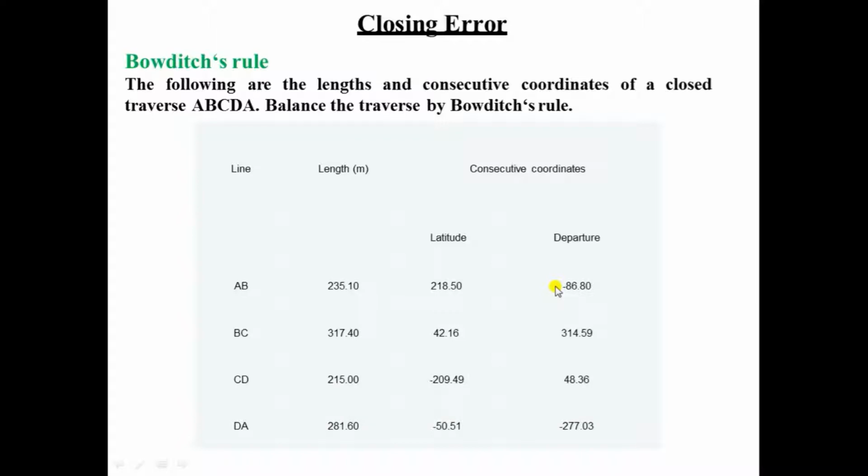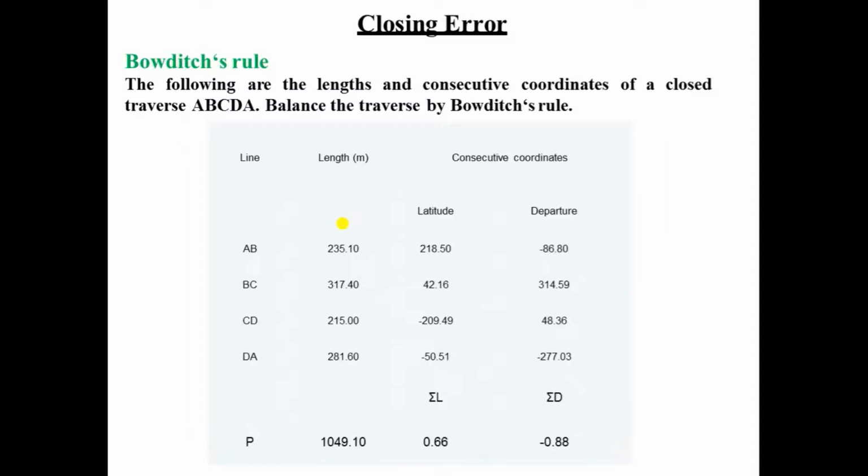Now see the example on Bowditch's rule. See in the table some data of latitude, departure, line and length are given. So we have to apply the correction as per Bowditch's rule.